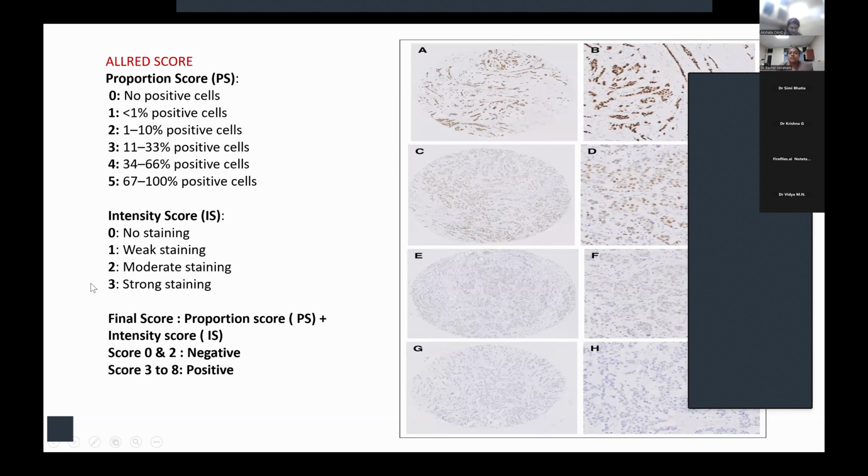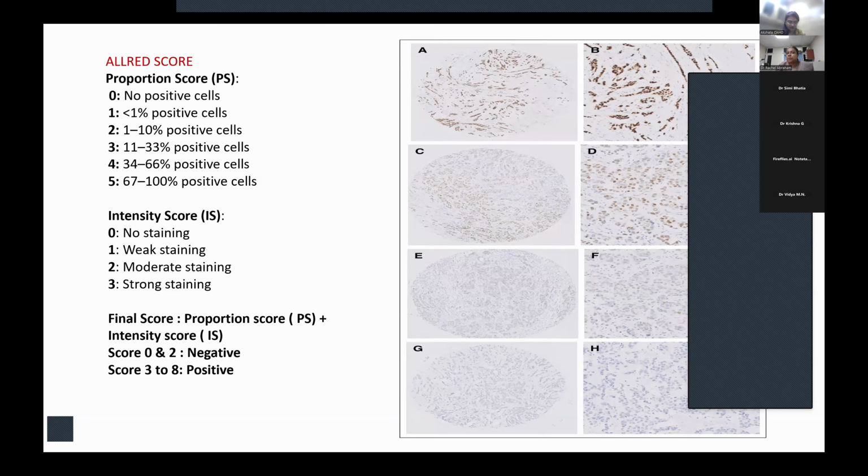And you arrive at a final score by adding the proportion score along with the intensity score. If the score is 0 to 2, it is negative for hormone receptors, and a score of 3 to 8 labels it as a hormone positive invasive breast cancer.